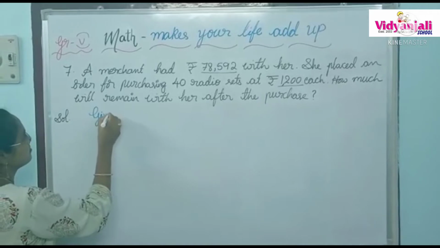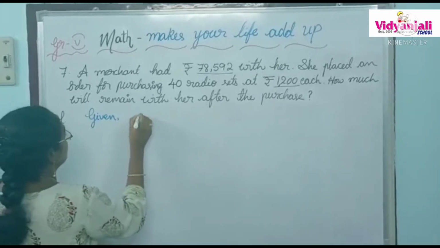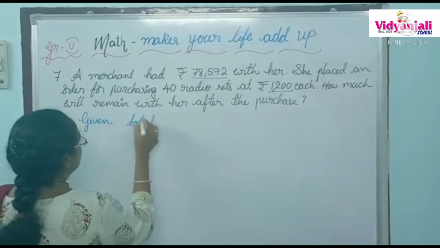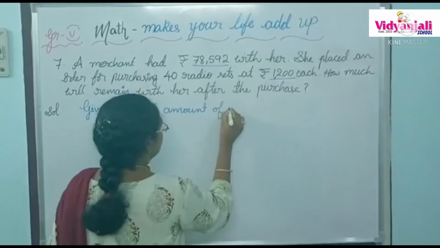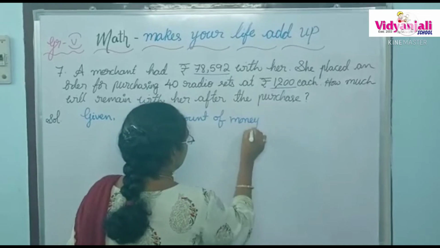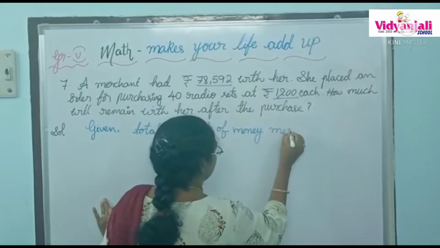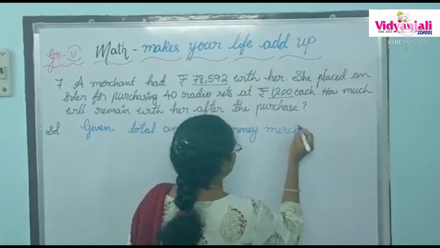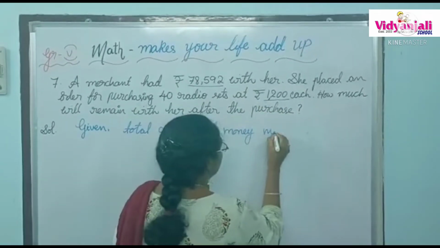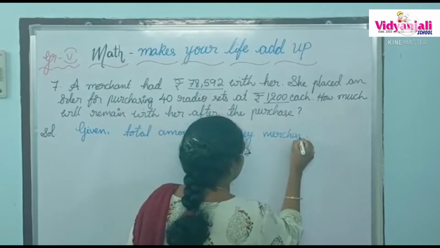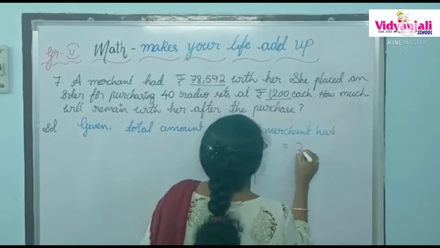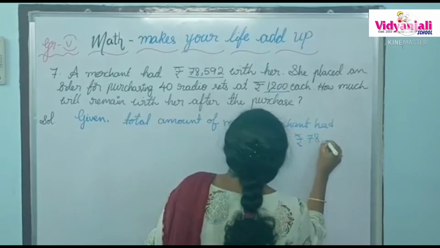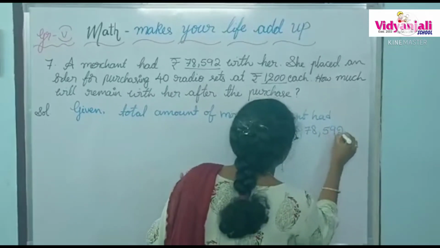Given: total amount of money the merchant had. So how much money did the merchant have, children? 78,592 rupees.